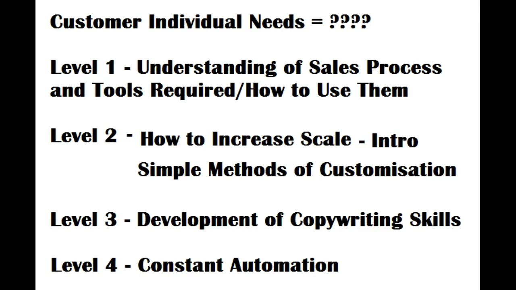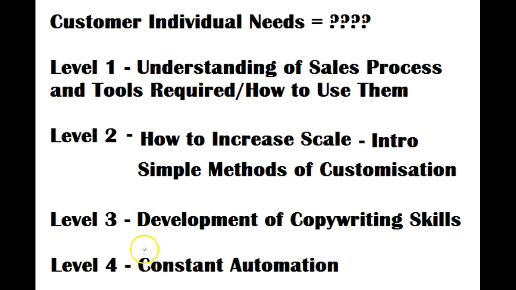So I'll just go over it again. Level number 4 is all about Mary needing constant automation. And Molly's going to start moving around again now. But anyway, constant automation is way past the idea of just increasing the scale of your advertising.